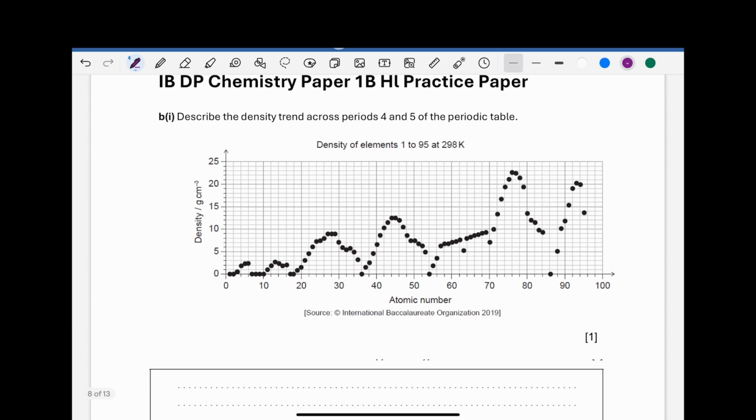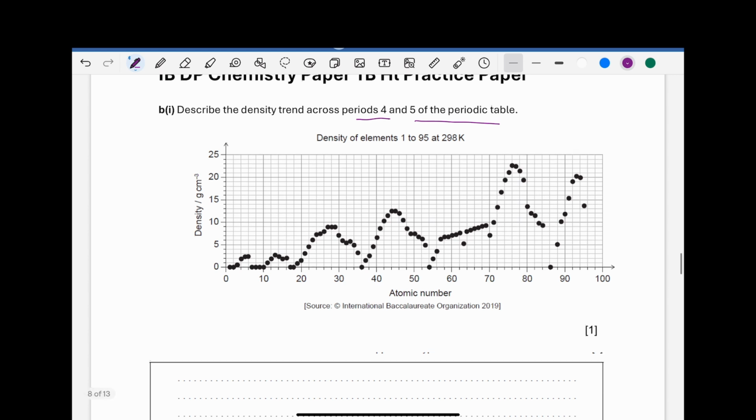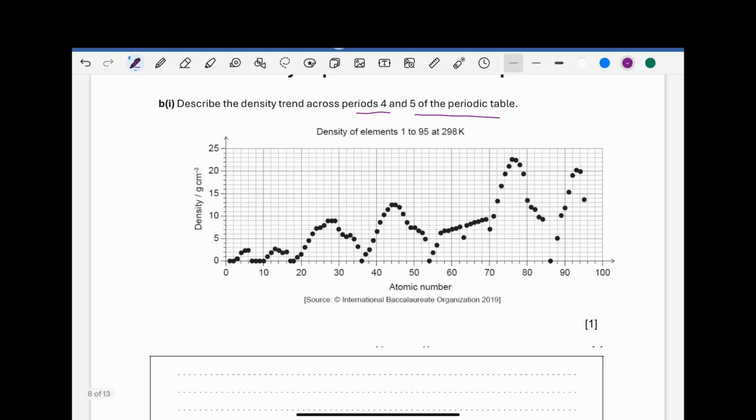B. Describe the density trend across period 4 and 5 of the periodic table. So if we look in the periodic table, period 4 starts with potassium, and period 5 starts with rubidium. So potassium has atomic number of 19. So let's look where the 19 is.